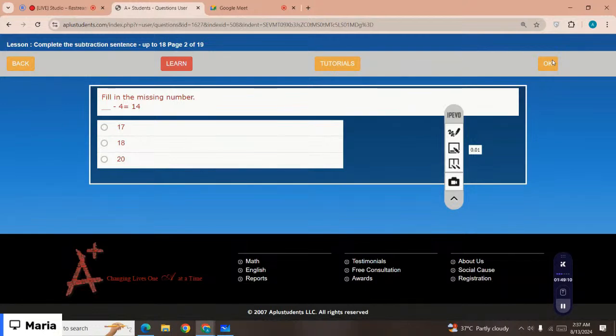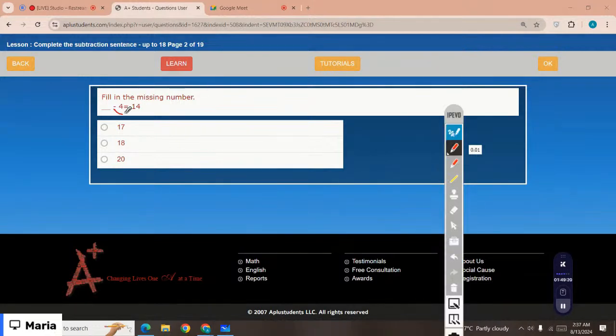The correct option is the missing number minus 4 equals 14. So in this case, you have the greater number missing, right? When you have the greater number missing, you simply have to do the opposite operation on the other side. So that would be, you need to add because that is subtracting here. On the other side you need to add. So 14 plus 4 is 18.